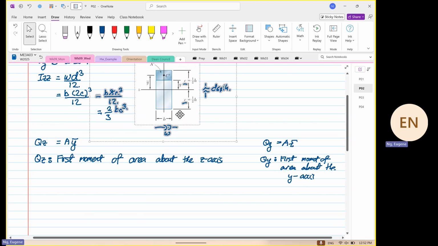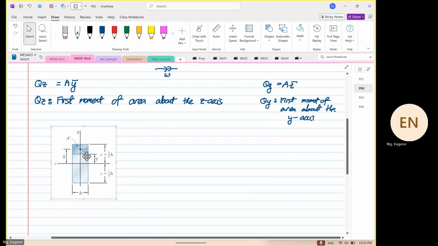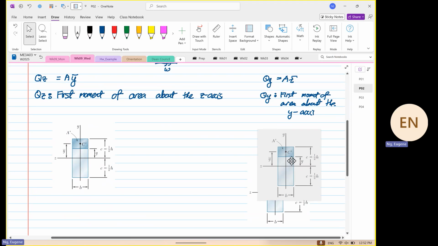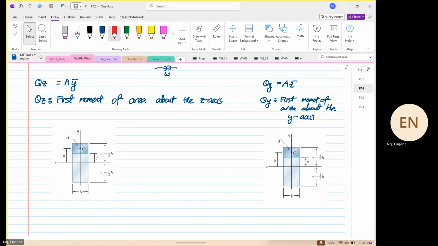So if I were to take this diagram out, I want you all to look at both of them. For this case, the area will rotate about the Z-axis. So what this means, the area will rotate about the Z-axis.